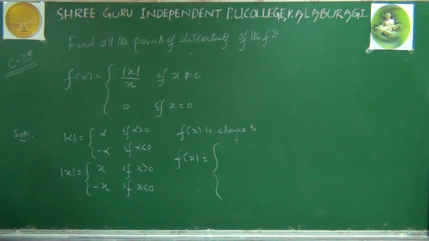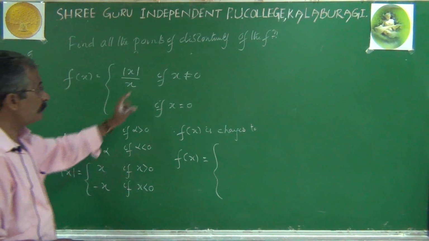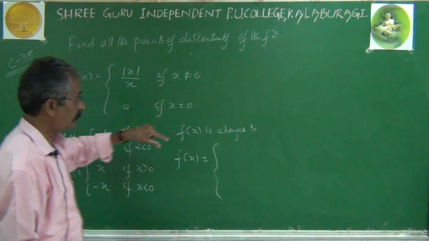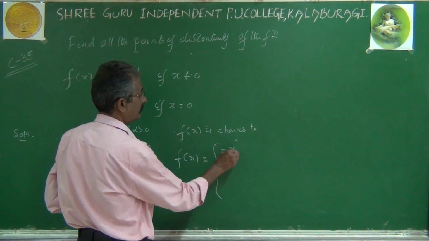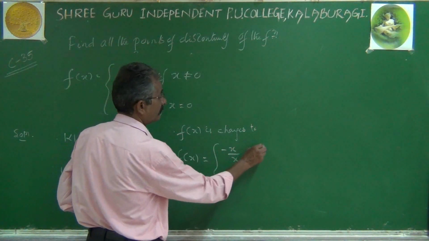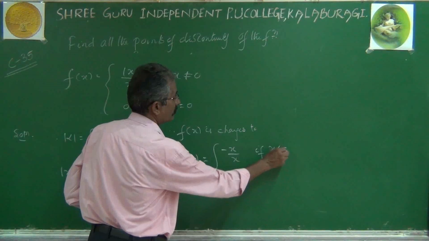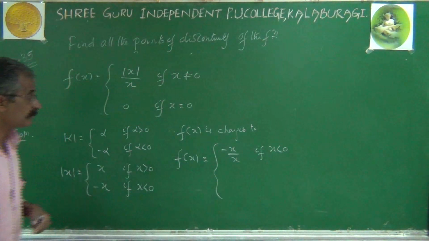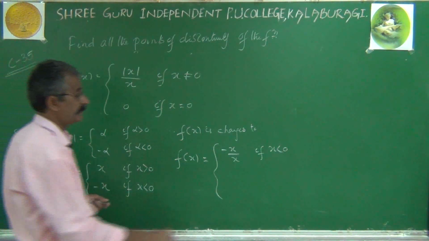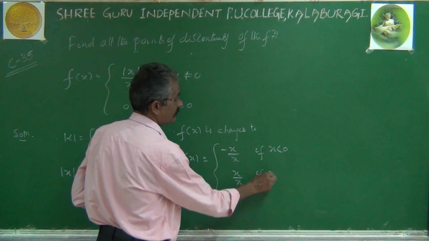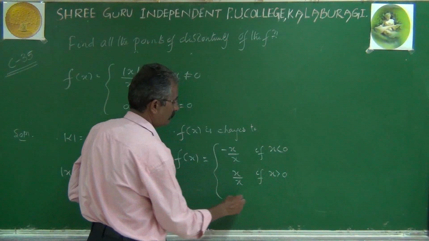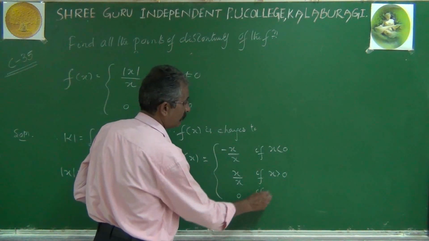We can distribute it for x negative and x positive. For x negative, mod x is minus x, divided by x. For x positive, mod x is plus x, divided by x. And 0 if x is exactly equal to 0.